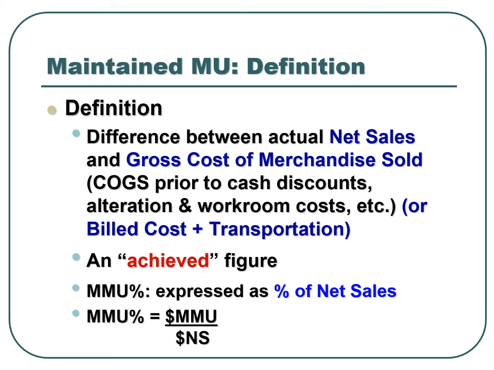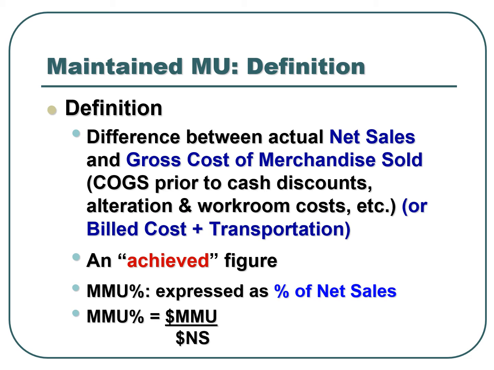If we do have any transportation, then transportation has to be part of this gross cost. If we didn't pay any transportation, and the vendors paid all the transportation, which is great, then gross cost will be equal to build cost, the same cost that we used for the calculation of the initial markup or cumulative markup.